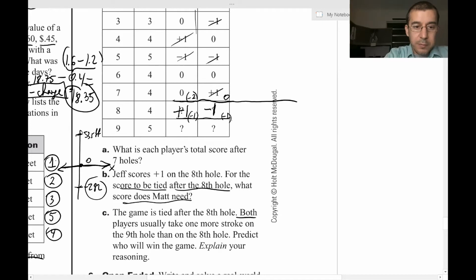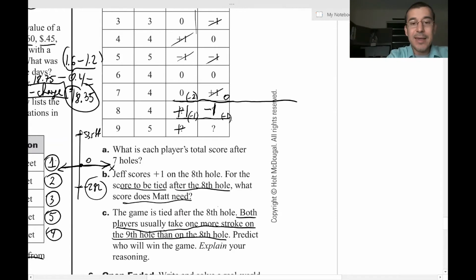Okay, so both players usually take one more stroke on the 9th hole than on the 8th hole. Jeff is +1 on the 8th hole. So he would be +1, +2. Basically what it says is both players usually take one more stroke on the 9th hole than on the 8th hole.